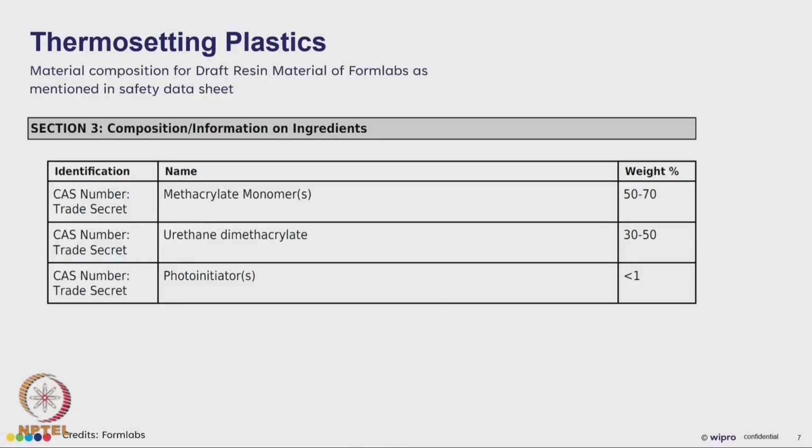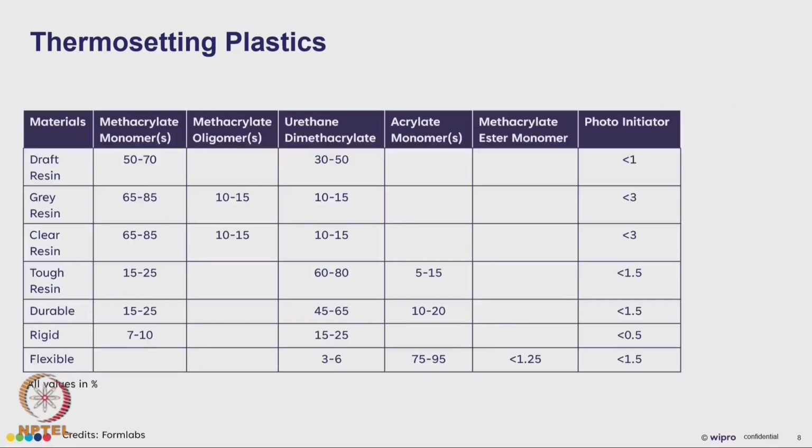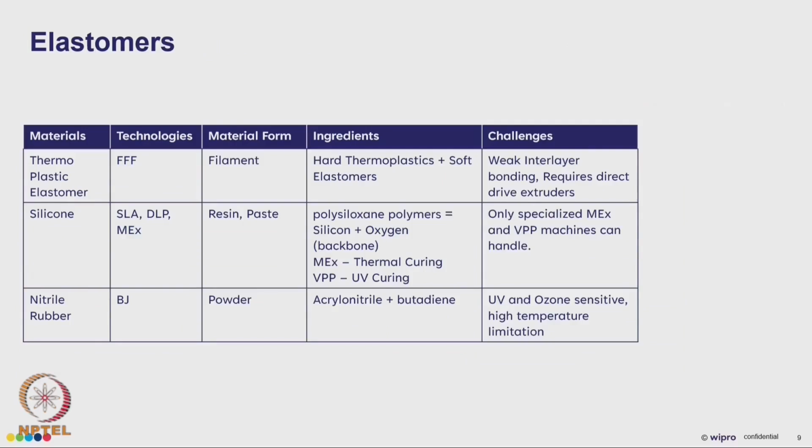And this is how the material composition is maintained by the manufacturers of the materials, and we have seen how the different elements' composition changes with respect to the application or the material name. And finally we have seen elastomer materials in the thermoplastic, that is thermoplastic elastomers.